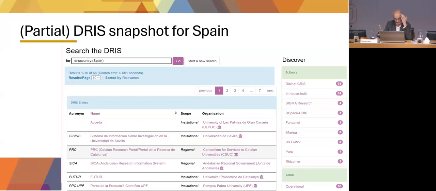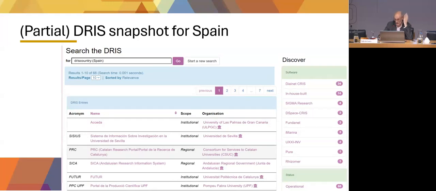The software solution is, of course, important, but arguably all software solutions, including the open source solutions such as VIVO or DSpace-CRIS, are able to provide the functionality, better or worse. So there are 66 of them.